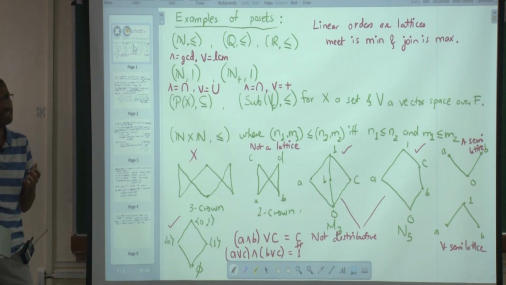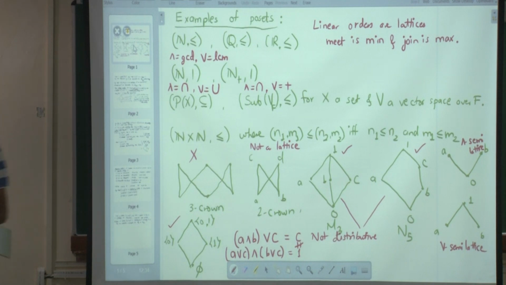Is my question clear? If V is a vector space, then is the set of subspaces a sublattice of the power set?